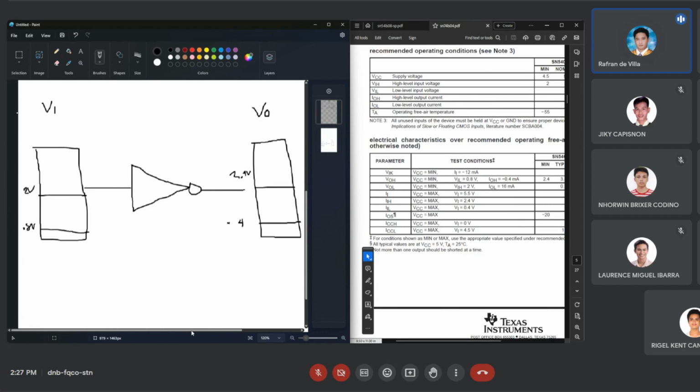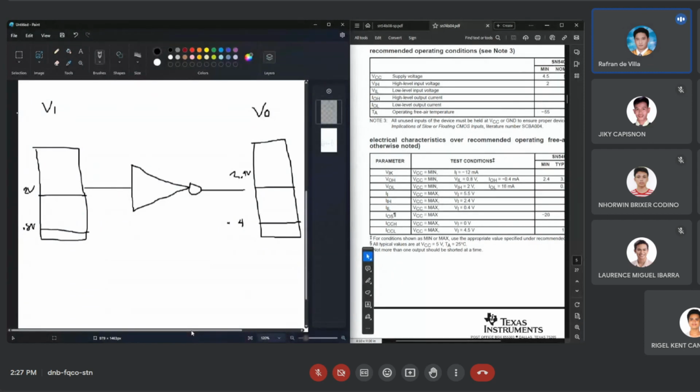So even though our digital ICs are by definition digital devices, it doesn't mean they are not susceptible to the effects of analog voltage. As you can see, the output or input range is not specifically 0 or 5 volts.